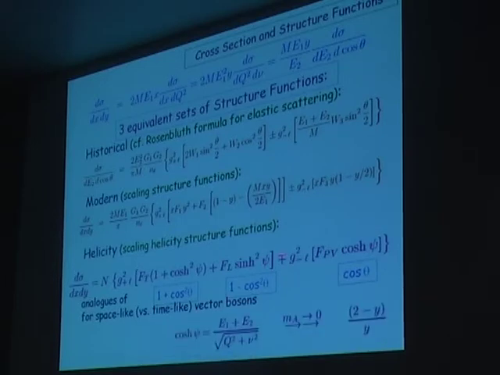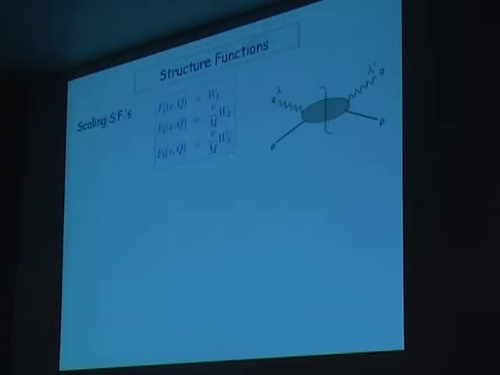The relation between this hyperbolic angle and the more familiar variable y is that the cosh of this becomes 2 minus y divided by y.